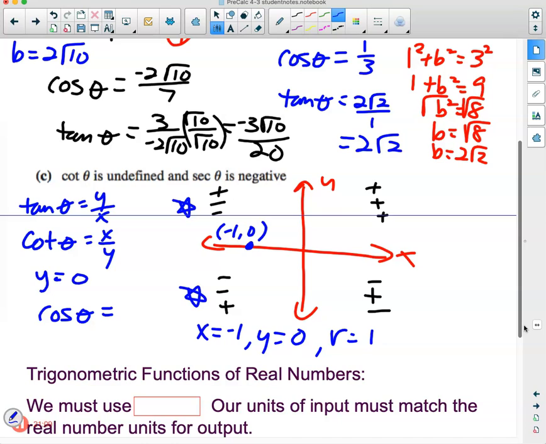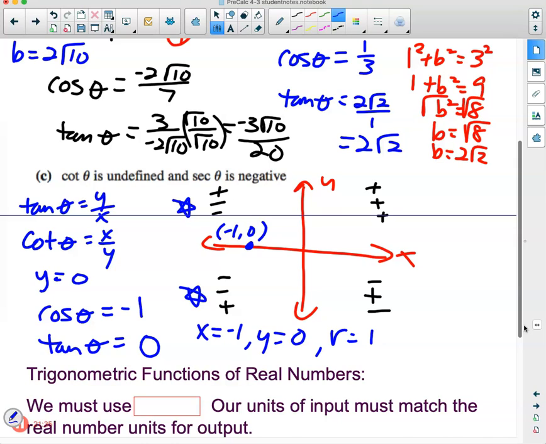Again, leading us towards that unit circle. So cosine is x over r, negative 1 over 1. And the other one they wanted was tangent. Tangent is y over x. So our y value was 0. 0 on top is okay. It gives us a 0, just not on the bottom.